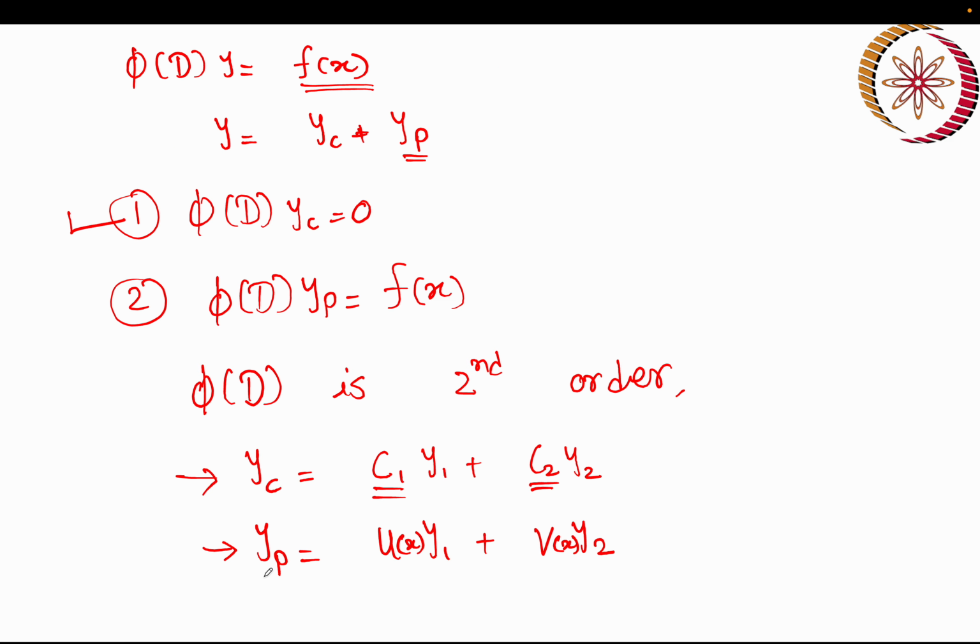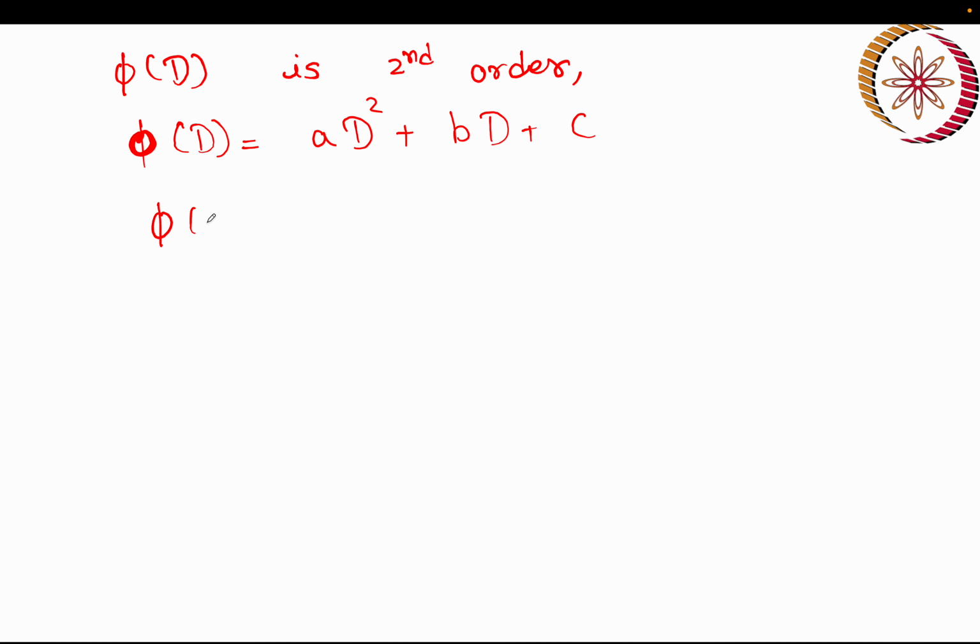We have already solved the homogeneous equation, and now we are interested in the particular solution. So phi of D of yp is equal to f of x, and that is what we want to solve. We started with yp equal to u y1 plus v y2.